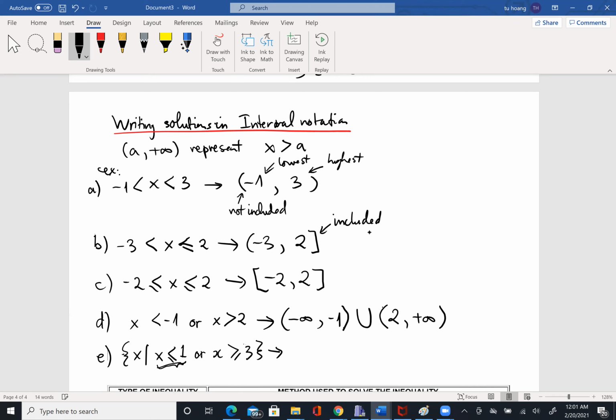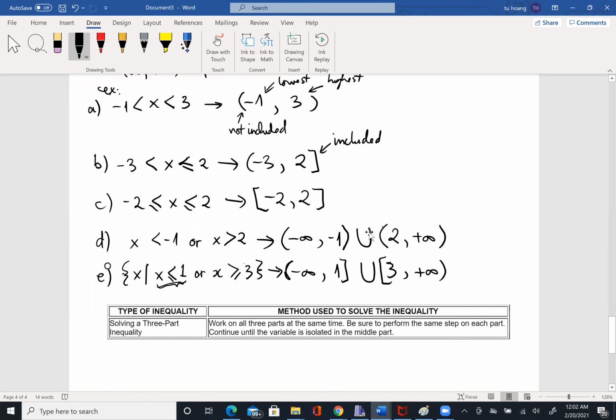So I can rewrite it as negative infinity, not inclusive, to 1. Now I include the number 1, so I have a bracket, then the union, and then x greater than or equal to 3. That means 3 should be the lowest value. So I put 3 and include it because it's equal here, and go to positive infinity because it's greater than that. Okay, that should be the interval notation.